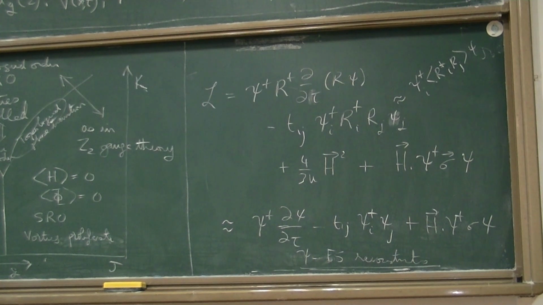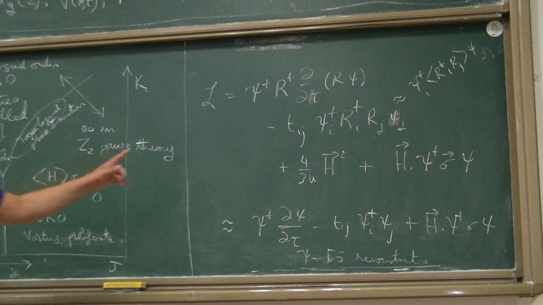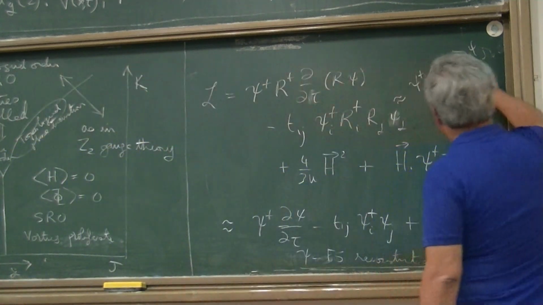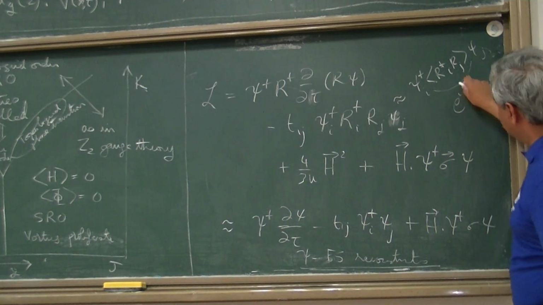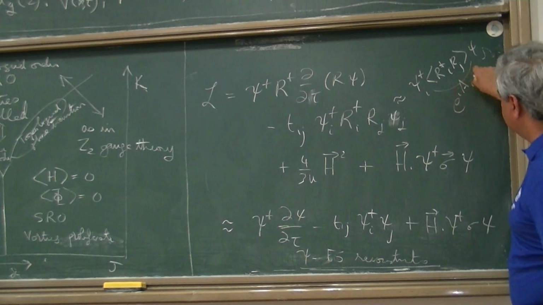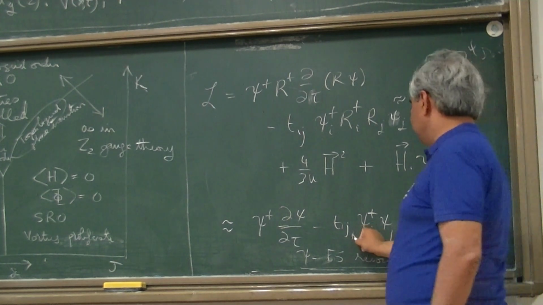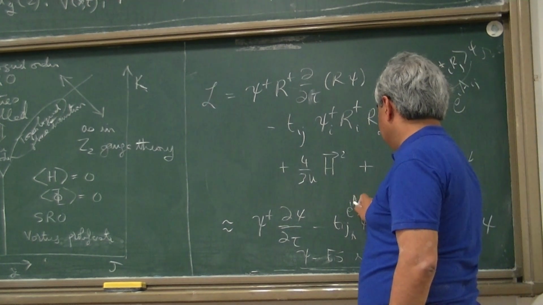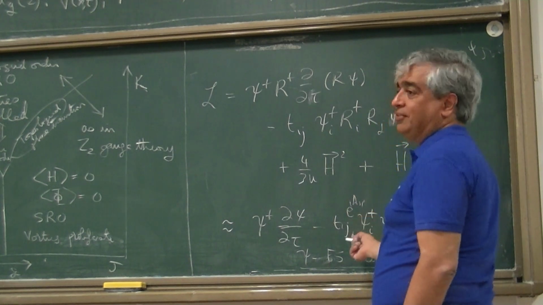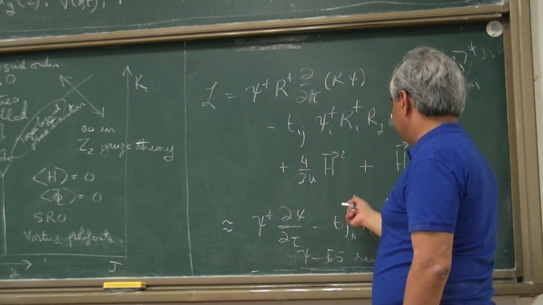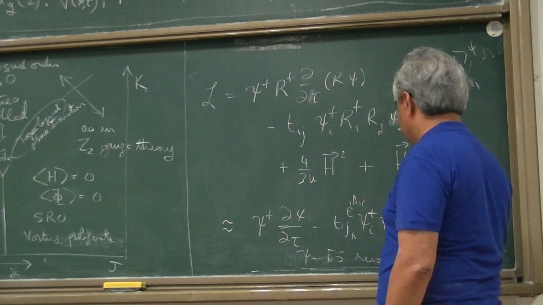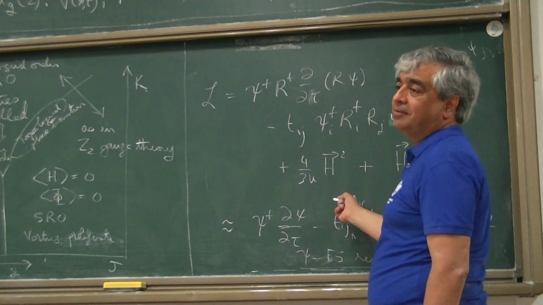So here there are some gauge bosons which I haven't written out. There are some gauge bosons that come by looking at this guy. So this guy can be written as a phase factor of some gauge bosons. So these gauge bosons have to be there. There's also gauge bosons here. I just ignored them. But those gauge bosons become gapped because of the Higgs field. That's why you can ignore them. Okay?